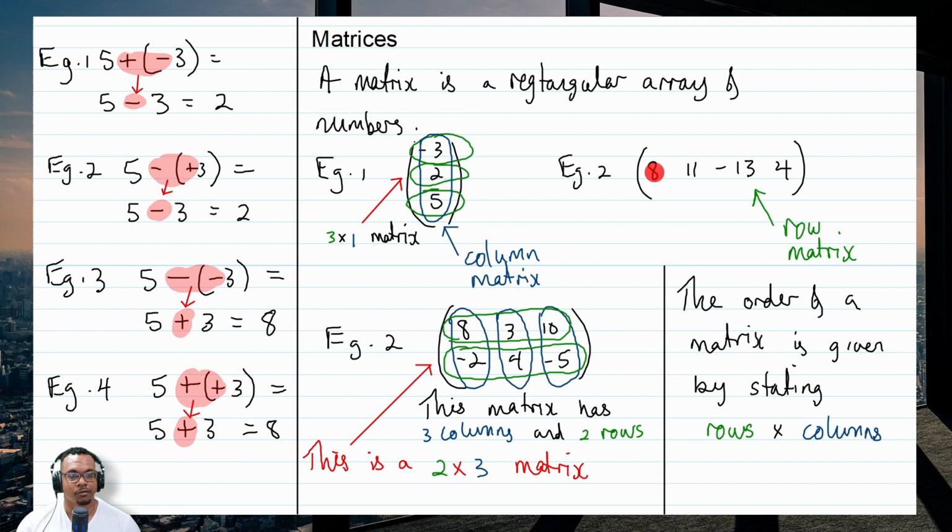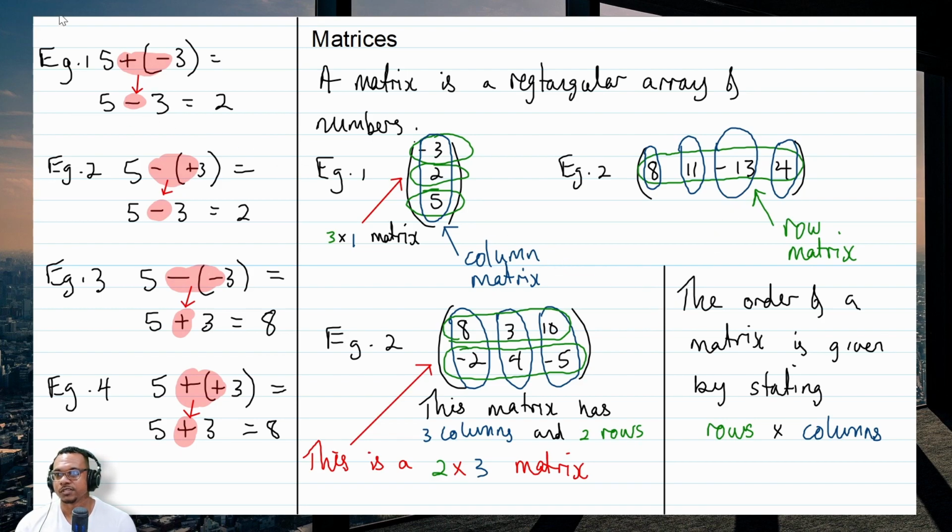Come across here, and remember columns are vertical. So here we'll just have 1 row. This is just 1 row, 1 horizontal going across. But vertically, we count these as columns. So 1, 2, 3, 4. So you have 1 row and 4 columns.